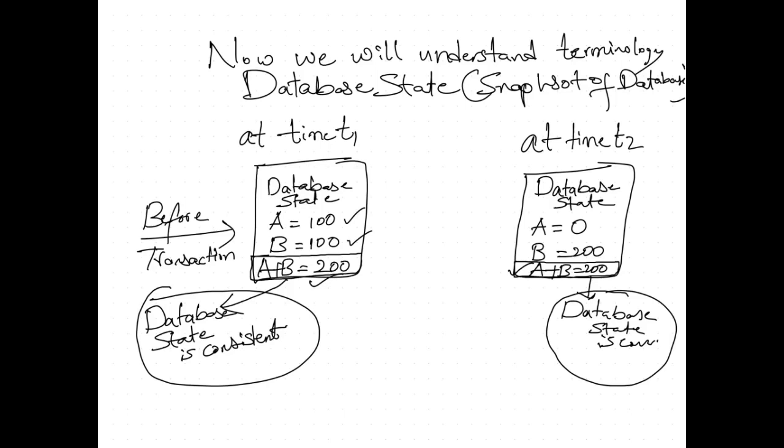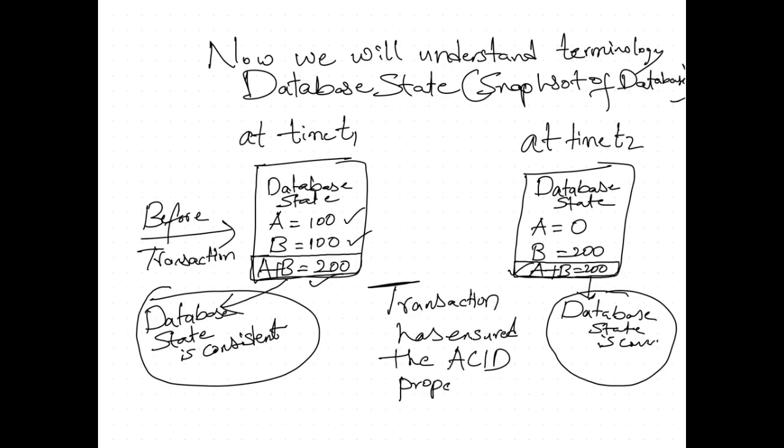The transaction which was performed on the database has ensured the ACID properties. What does it mean?